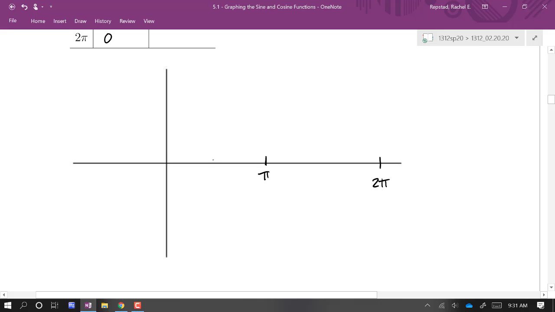This is pi over 2, and this would be 3 pi over 2. And then I'll mark the quarters: pi over 4, 2 pi over 4, 3 pi over 4, 4 pi over 4, 5 pi over 4, 6 pi over 4, 7 pi over 4.